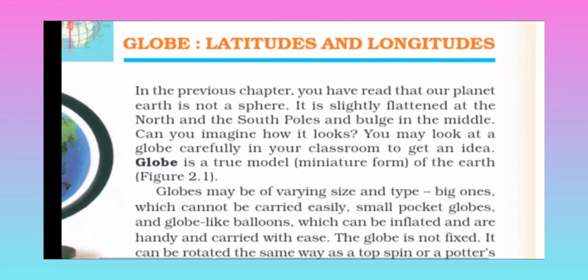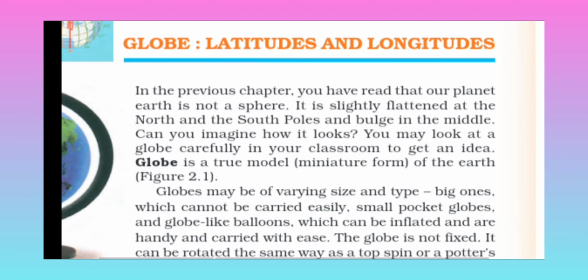In the previous chapter, you have read that our planet Earth is not a sphere. It is slightly flattened at the North and South Pole and bulky in the middle. You can imagine how it looks. You may look at a globe carefully in your classroom to get an idea.